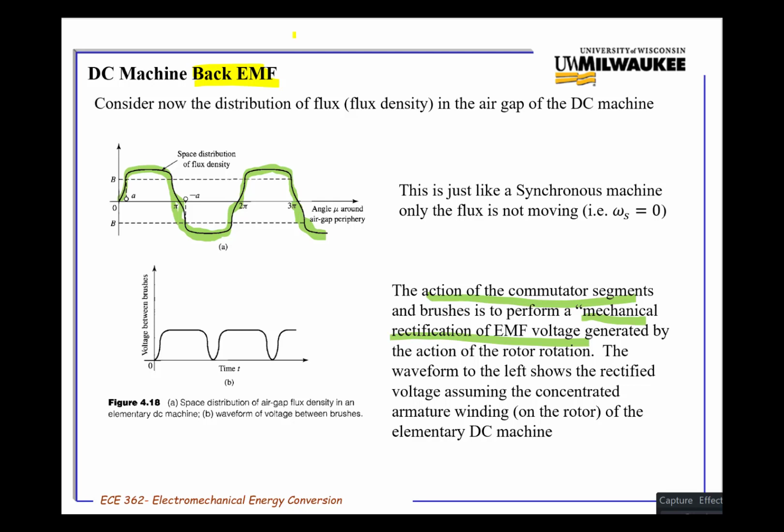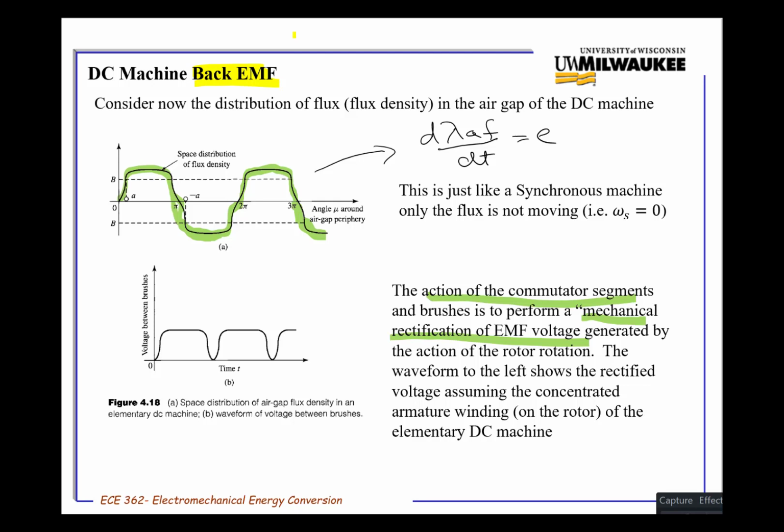So, going back to Faraday's law, we know that d lambda of the flux linking the armature to the field with respect to t is equal to some voltage E. Now we don't have a time-dependent current anywhere.